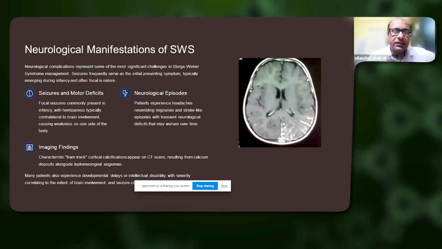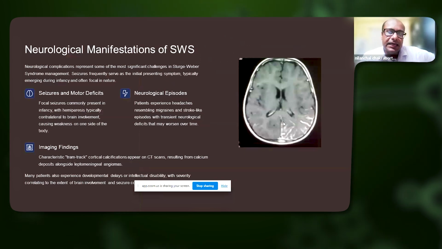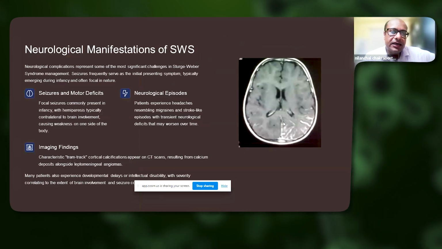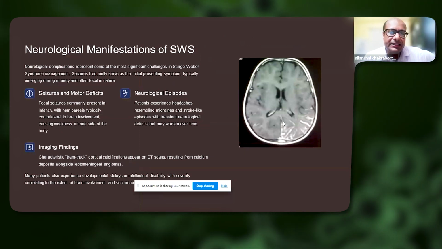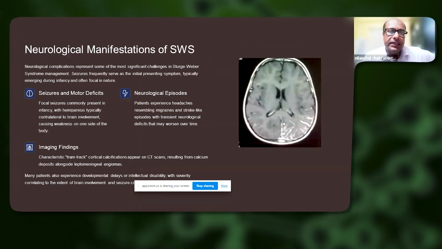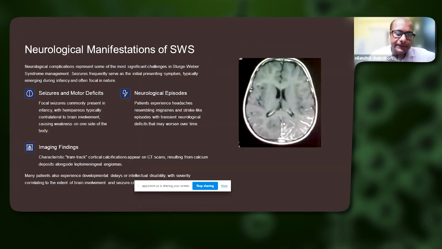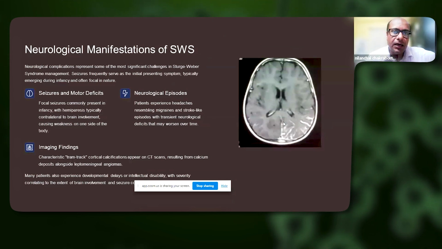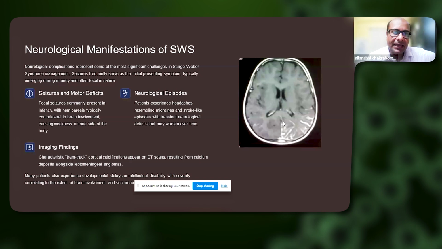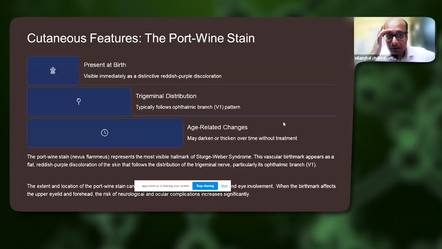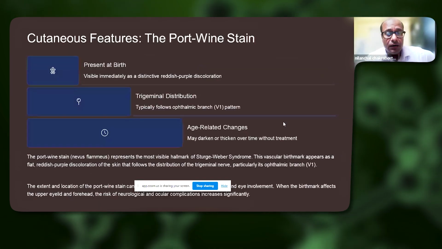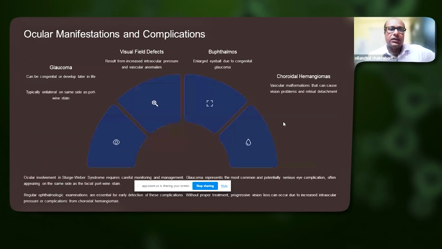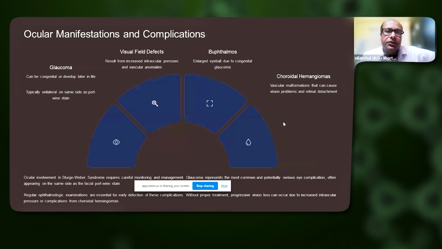There are three main features. In the imaging, the hallmark feature on CT scan is the tram tract cortical calcification sign. Neurologically, the patient may present with a stroke or seizure. Along with that, there are skin features like wine colored nevus patches, and ophthalmological features like eye involvement, such as glaucoma and visual field defects.